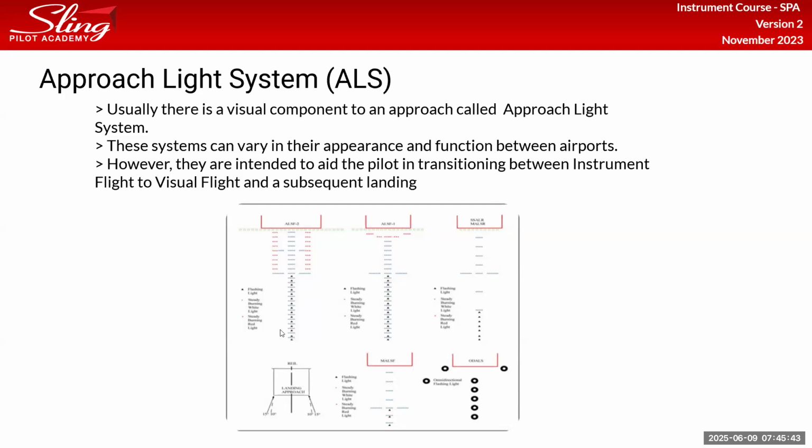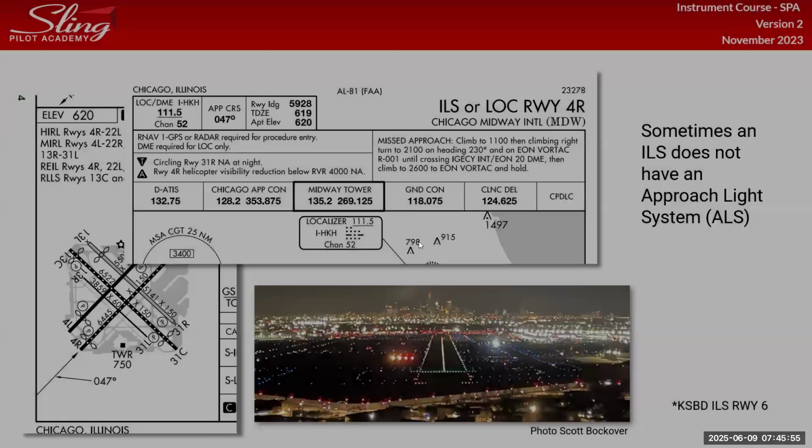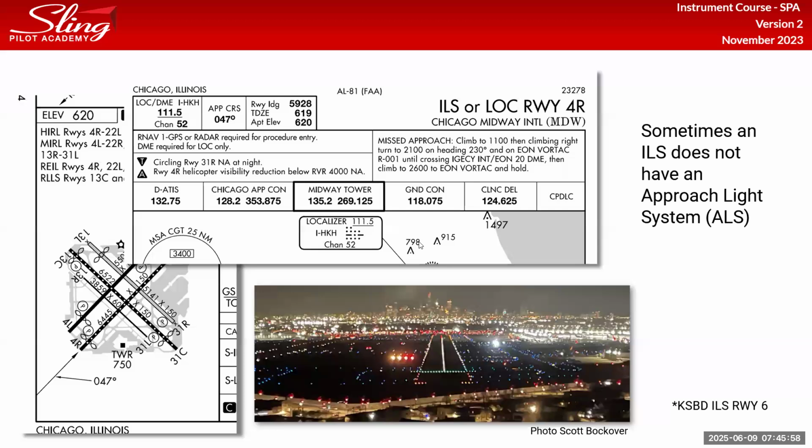Right here we have a few steady lights, but then we'll have the rabbit, the one that's flashing, pointing towards the runway. One of the cool ones to see is the rabbit light at Miramar at night. It's super long and super quick. It's just really cool looking. Okay.